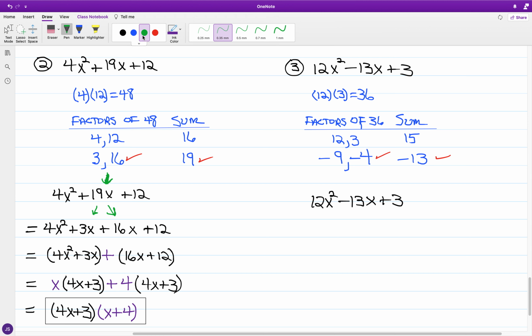And so splitting up the minus 13x into x terms with negative 9 and negative 4 as the coefficients, in rewriting we'll have 12x squared, and you can say minus 4x minus 9x, or minus 9x minus 4x.